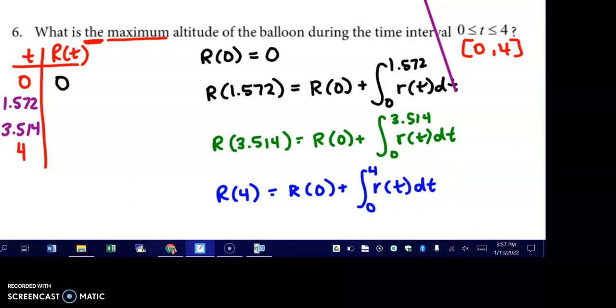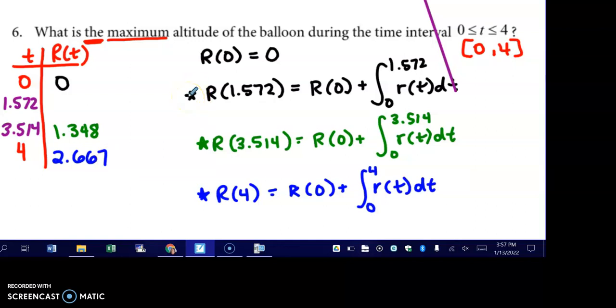Well, we already found some of these. In question 3, we found this one was 1.348. That was our altitude at the minimum. We already found this one. In question 4 was 2.667. The last one then we need to find is this one in black.